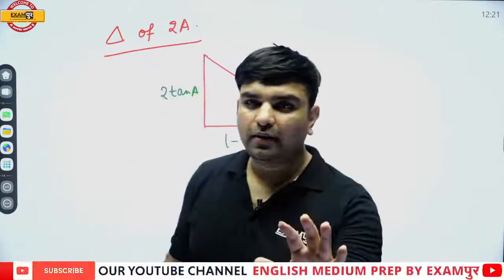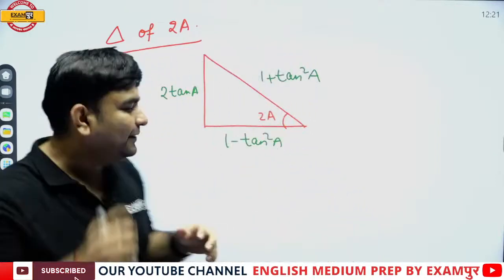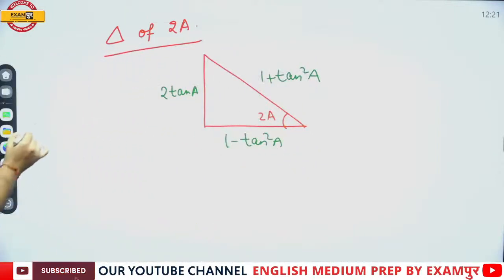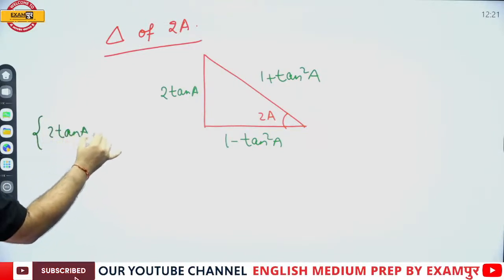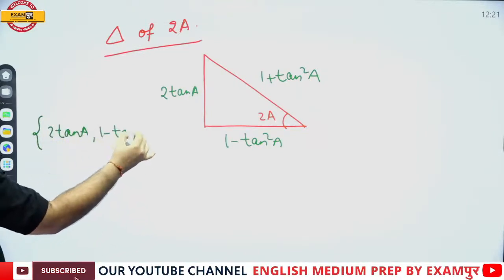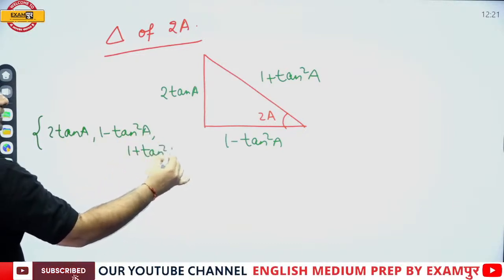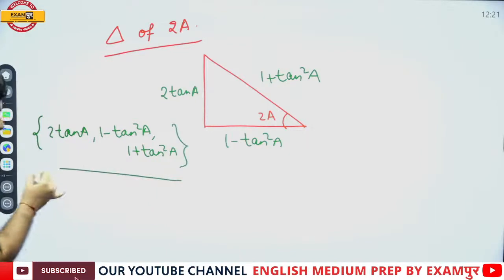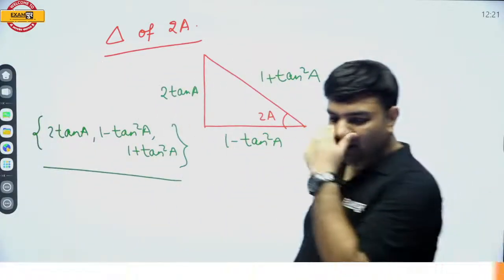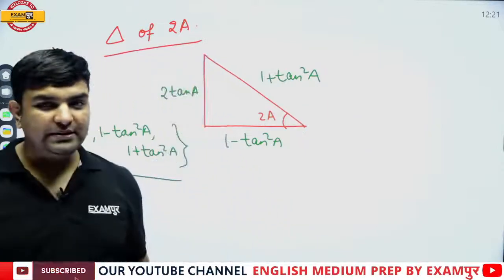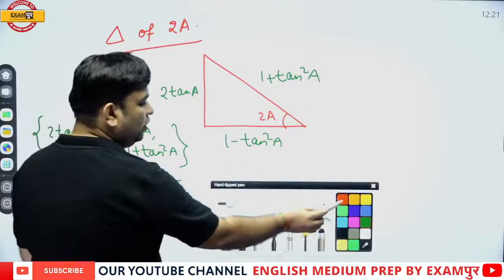One more triplet for you. 2 tan A, 1 minus tan square A, and 1 plus tan square A is a triplet. Now, what is the value of cos 2A?